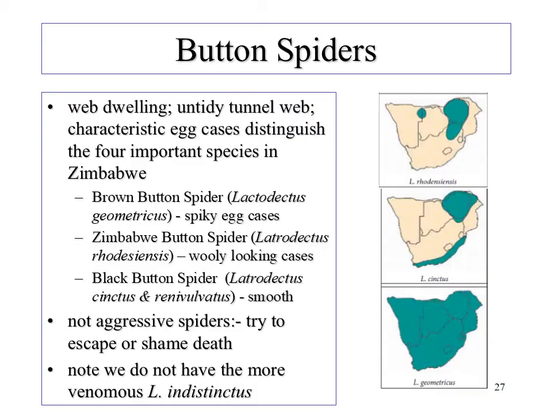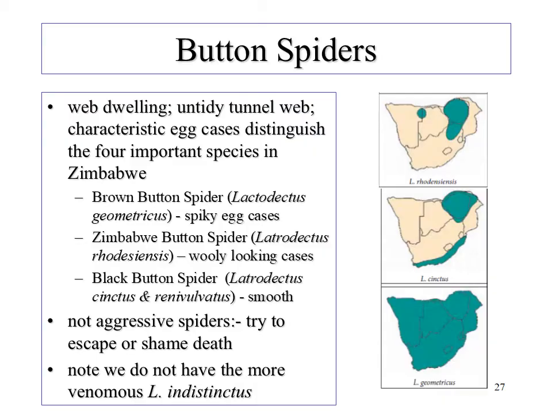So they are web dwellers, and they make an untidy tunnel web, and they have characteristic egg cases or egg sacs, which distinguish the four important species in Zimbabwe. So we've got four species of button spiders in Zimbabwe. We've got the black widow or black button spiders, and then we've got the brown button spiders.